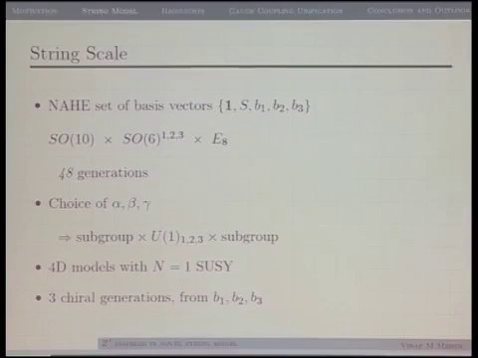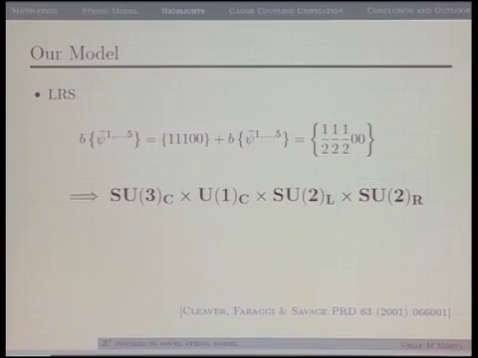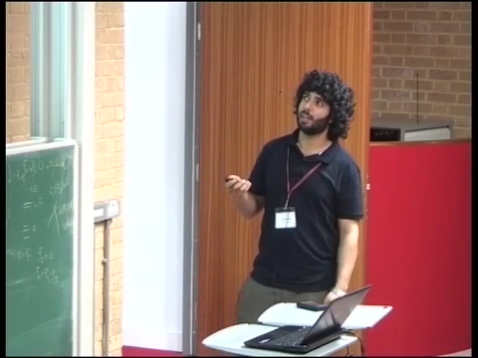HU5, the Pati-Salam, and the model that we use is the left-right symmetric model, which was first derived in the free fermionic formulation, at least, by Alan and Gerald and Christopher Savage as well.